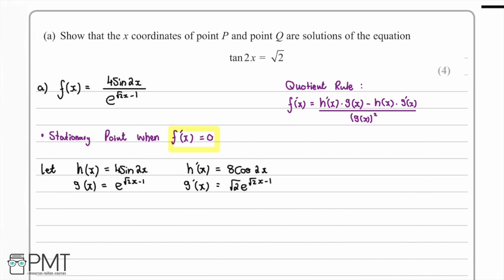The next stage is to take the quotient rule formula and substitute these values in.